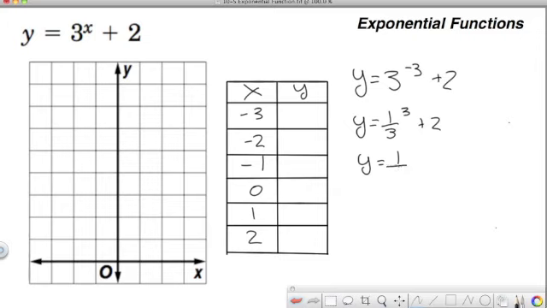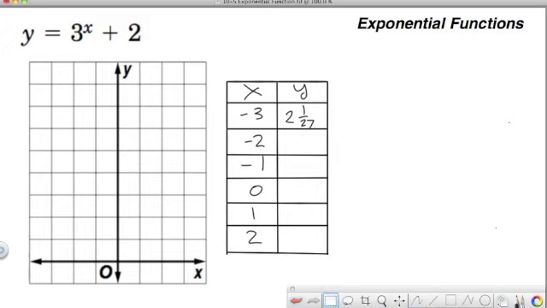And 3 to the 3rd power is 3 times 3 is 9, and 9 times 3 is 27. Plus 2 is going to give us Y equals 2 and 1/27. So that's my Y, 2 and 1/27.